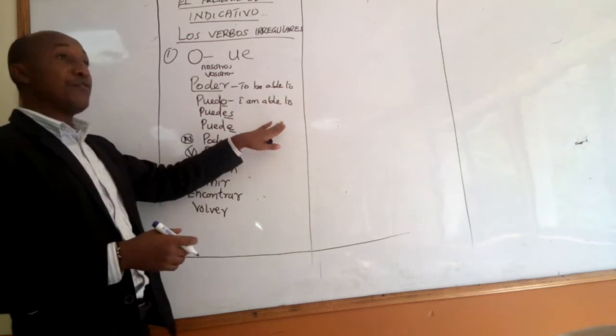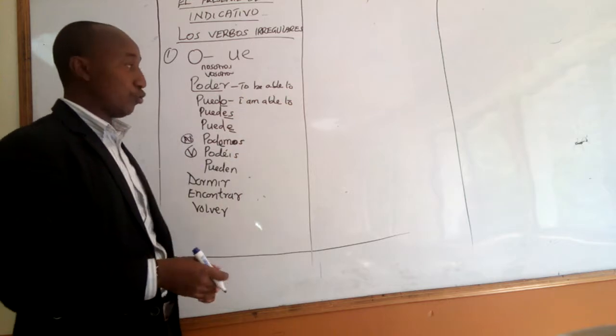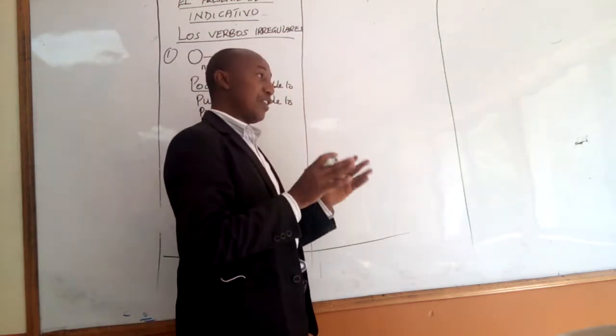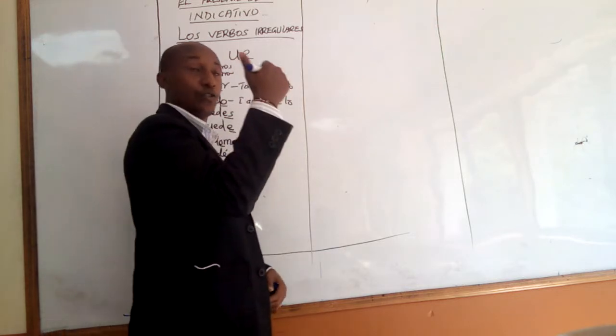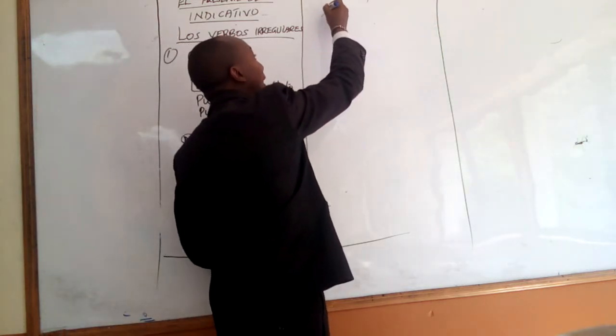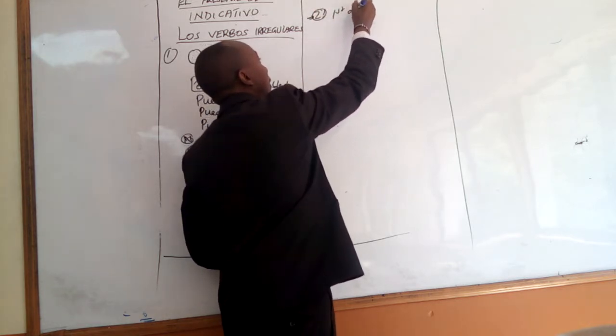Then there are some other verbs that are usually irregular only in the first person. Even if they change only in the first person, we call it the second category, first person only.